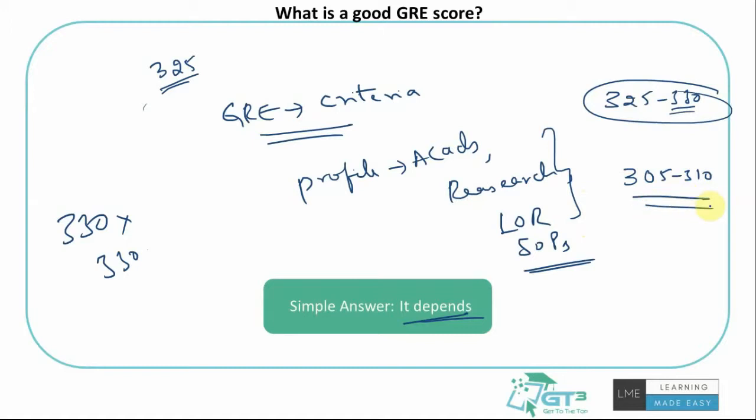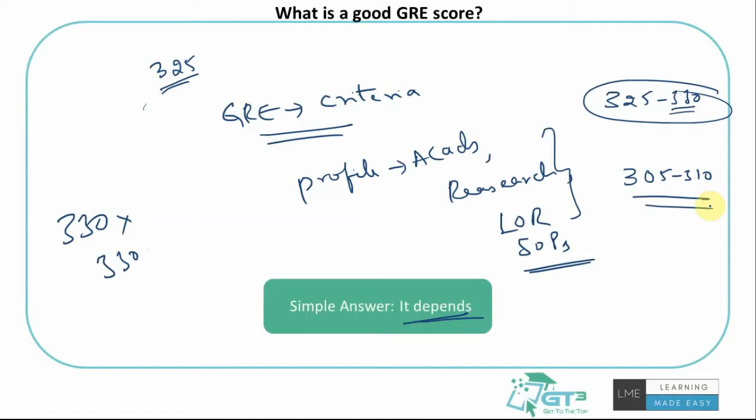I know there are quite a few programs and quite a few schools which accept scores less than 300, 290, 280. I'm not saying that it's not possible to get into a school and a program. What I'm trying to say is it's much better to get into a good school with a better GRE score. Even if you're getting into the same school, with a better GRE score you have a good chance to get a scholarship or aid that would help you to cut down the costs that you have to bear while you pursue your masters.